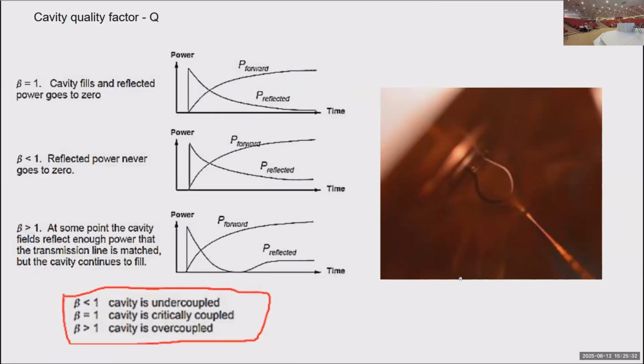But we want beta to be 1. Then the cavity is critically coupled, and you can see the reflected power goes to 0. If not, then impedance matching is not true, and maybe the source will be damaged.